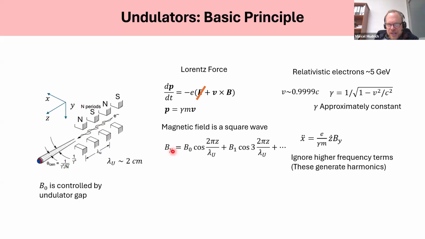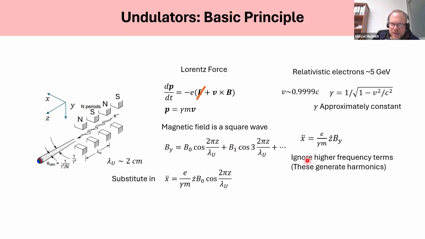So if we take a Fourier series of this magnetic field, it will contain some higher harmonics, but we can always do an expansion into lower orders and mainly consider the magnetic field as a cosine of 2 pi z divided by the undulator period or the undulator wavelength, plus higher orders, which we conveniently ignore.